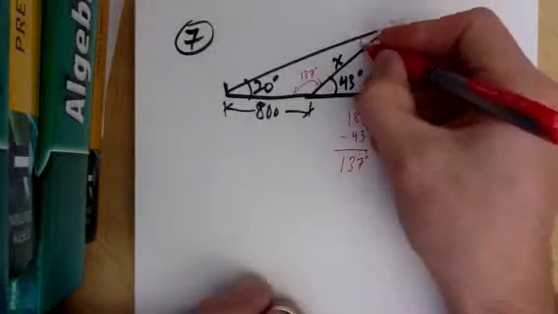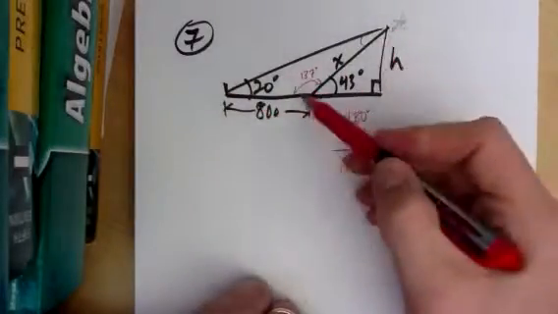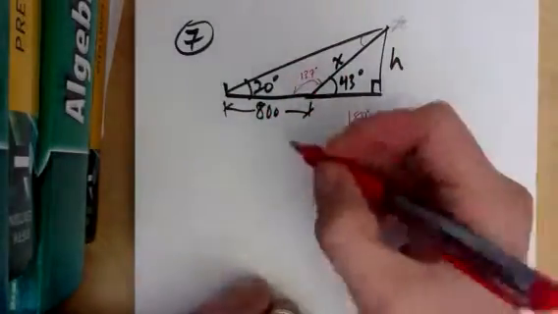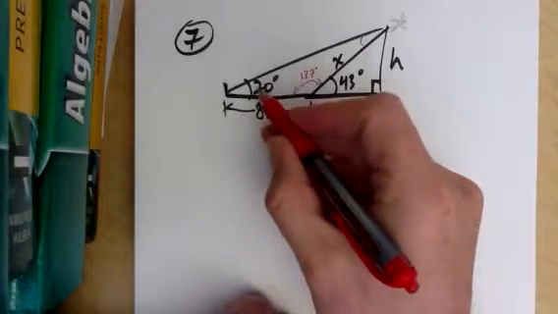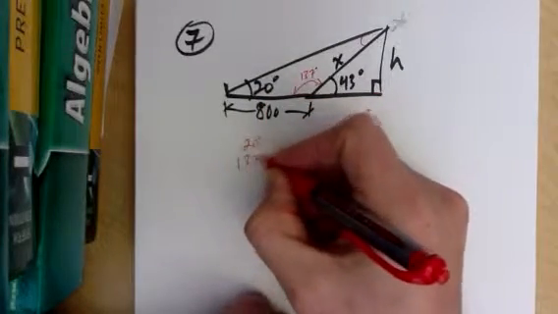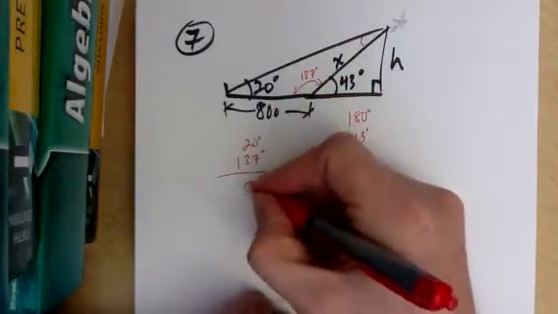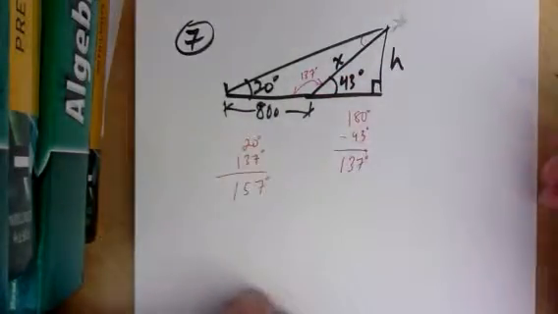Then we're going to use that to find this top angle of the triangle on the left. So you've got 20 degrees, 137 degrees. Those add up to 157 degrees.